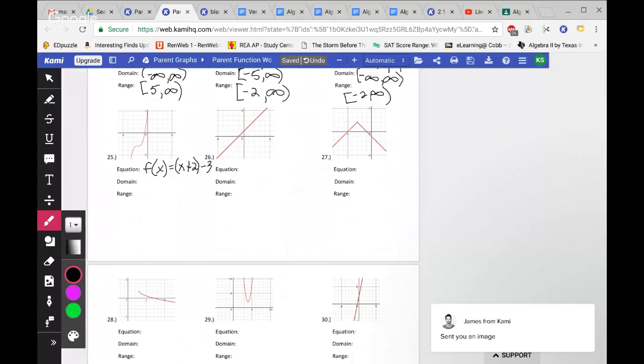Good. And what do I put? With the x plus 2 in parentheses, is that going to be squared or cubed or what? Cubed. Good job. And the domain? Oh, it's negative infinity to infinity. So it's the range. Good job.